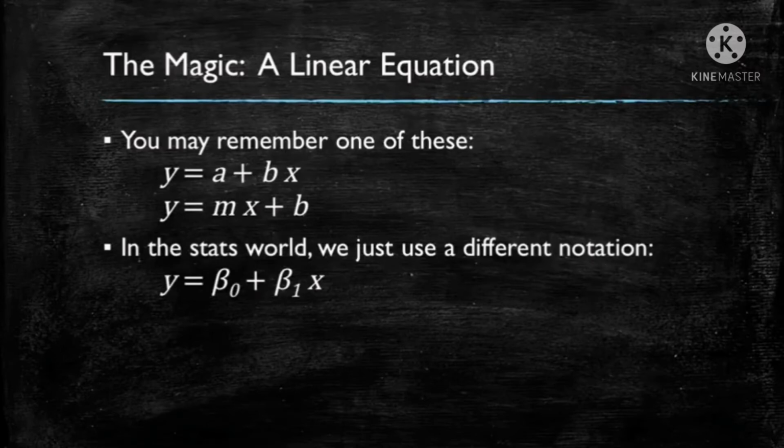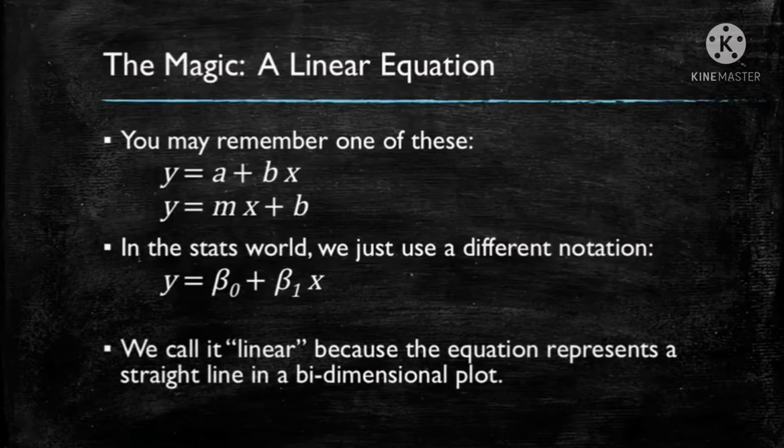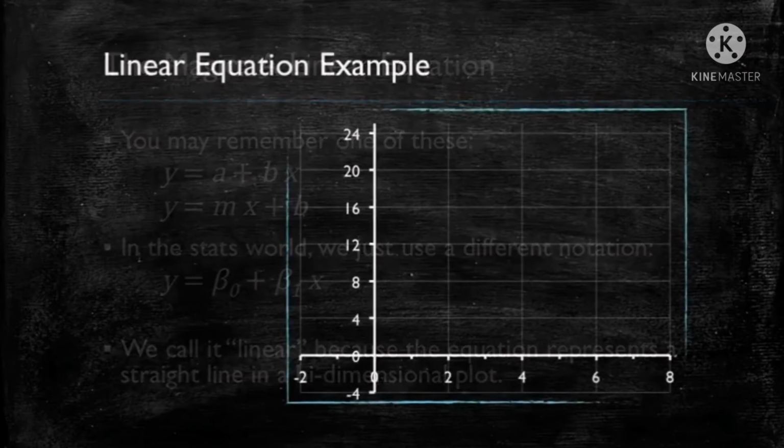Our linear equation is going to have a beta 0 term, which we're going to call the intercept or the constant, and beta 1, which is the term that multiplies the x, and we're going to call it the coefficient of x or the slope of x. And as a recap, we call these linear equations because they will appear as a straight line if we plot them in a two-dimensional plot.